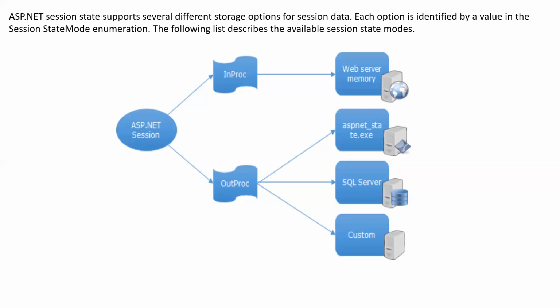To use state server mode, you must first be sure that the ASP.NET state server is running on the web server used for session storage. If not, you have to install it. Where will you find the ASP.NET state server?